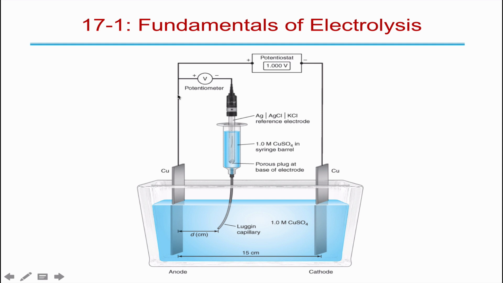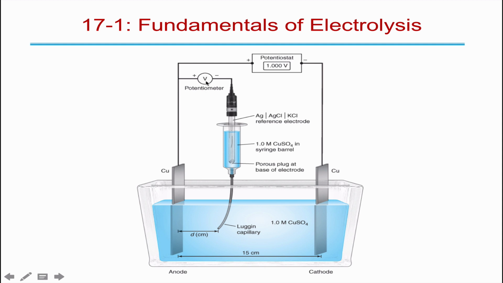So the way we keep current from going through here is we put a high impedance potentiometer into the circuit. So between this electrode and the reference electrode, we can measure a potential. If this potentiostat or potentiometer has a very high resistance, no current will flow. And if no current flows, I don't have any ohmic potential, and I don't have any concentration polarization, and I don't have any overpotential for this circuit.